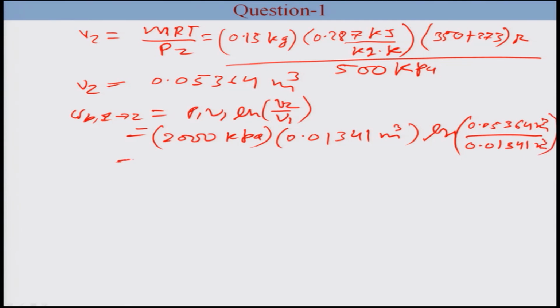So this gives the total work in isothermal expansion as 37.18 kilojoule.